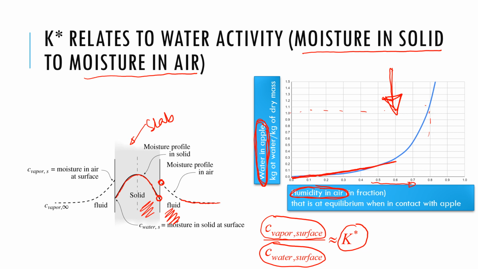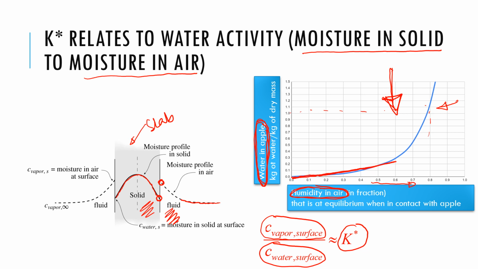In case of food, it's often those isotherms that we know, like the one I'm showing here. So from there, you get K star, which is the relationship between a concentration of water vapor at the surface and concentration of liquid water, or liquid plus vapor, everything mixed, in the solid.